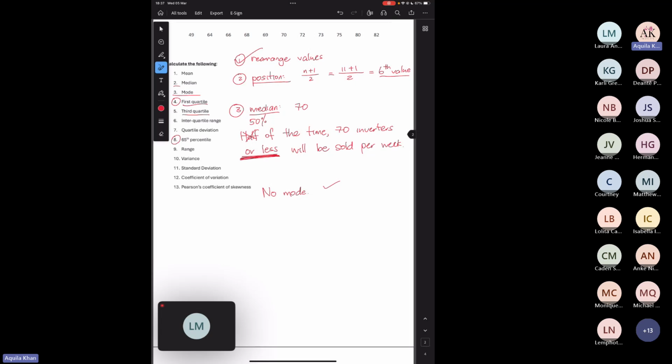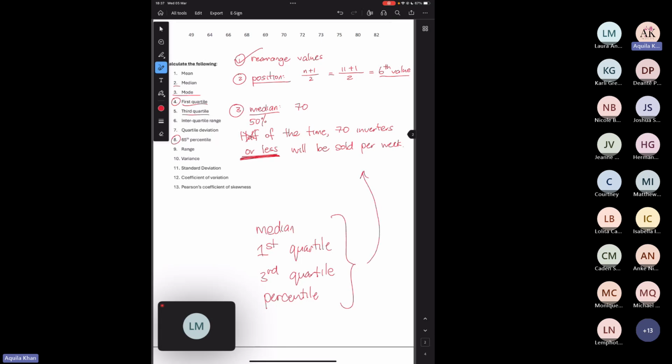So these 4 calculations, your median, your first quartile, your third quartile, and any percentile that you are asked, will always follow the same 3 steps that you see up here.